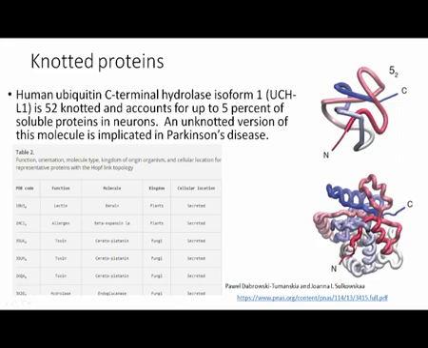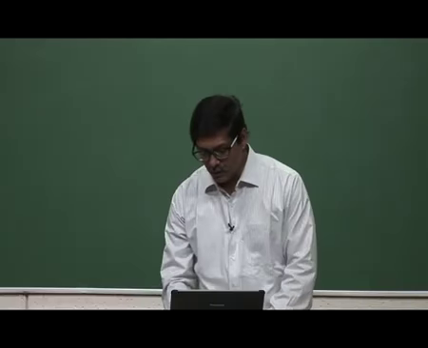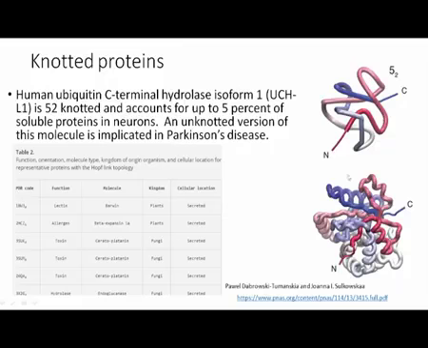So, let me now bring back to you some of the problems that might happen in the process of polypeptide folding. Ideally, a polypeptide gets folded into a specific three-dimensional structure that is dictated by the presence of these amino acids.